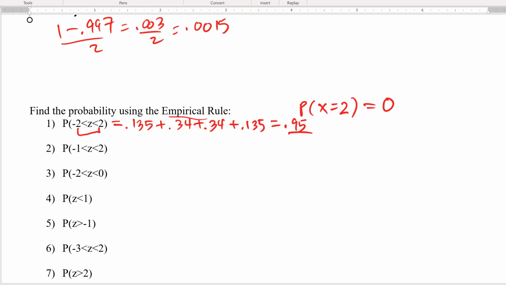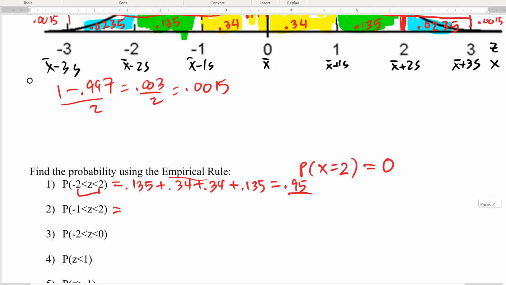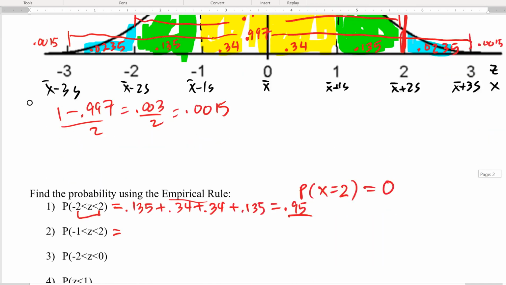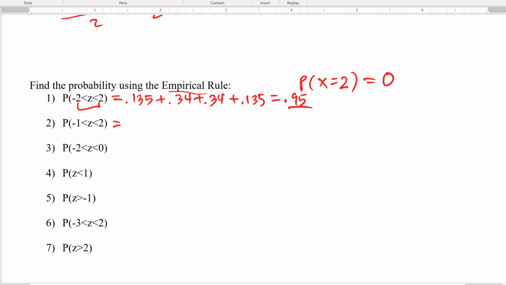But this says, well, what about between -1 and 2? See, what happens is I'm not including all 4 of these numbers. I'm only including from -1 up to the 2. So I'm including this 0.34, this 0.34, this 0.135. So that excludes this first number, which is no longer down here. We would just keep the other 3.